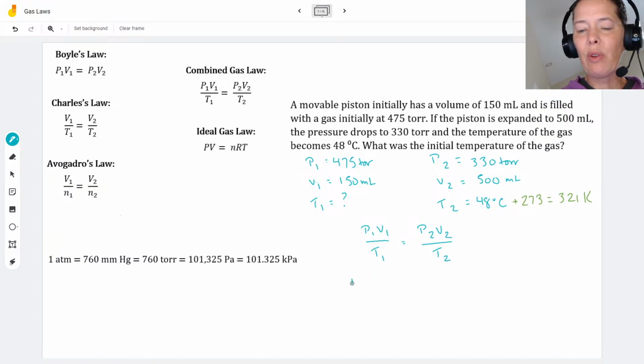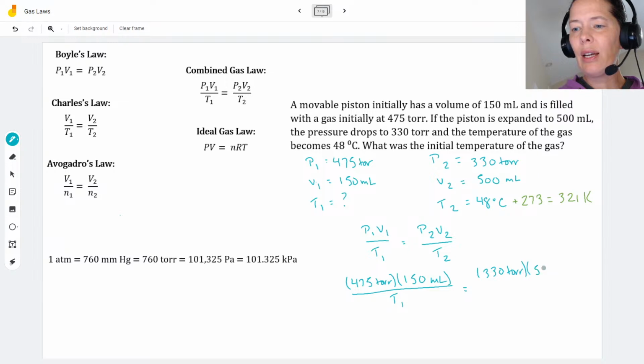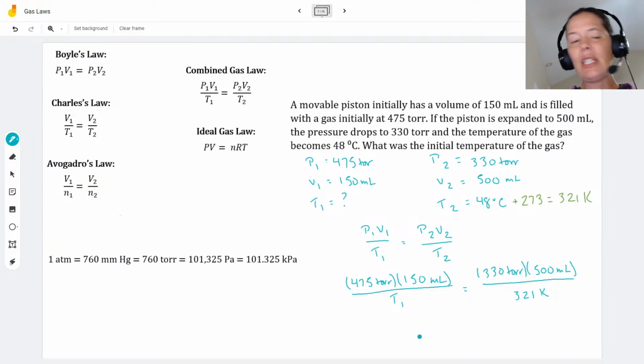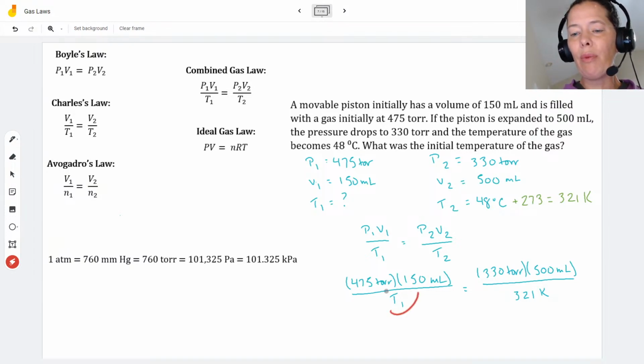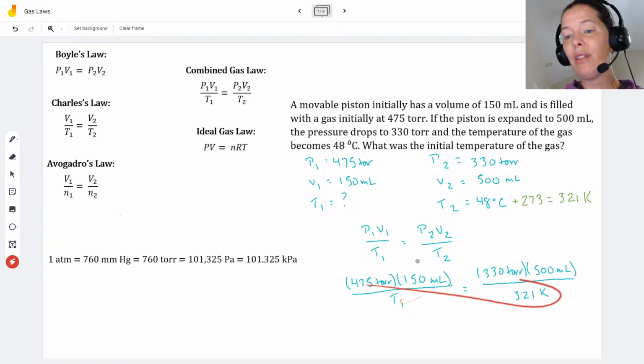Now let's plug in. So we've got 475 torr times 150 milliliters over T1 is equal to 330 torr times 500 milliliters, and this is over 321 K. Now, just algebraically, you can solve this several different ways, but when you're solving for a variable that's in the denominator, I do recommend cross multiplication as a great technique for that.